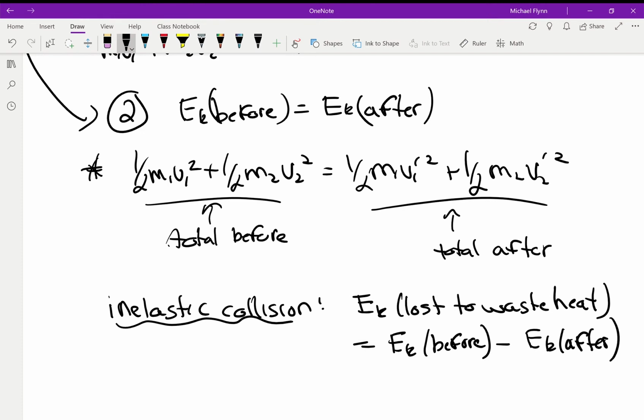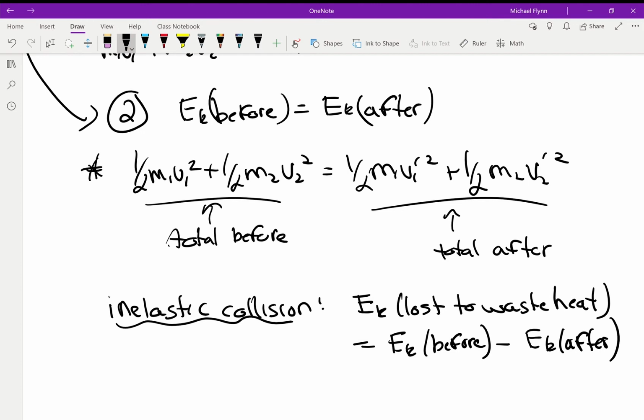Okay, so in other words, there's some energy. Let's say you had 100 joules of kinetic energy in the system before the two objects collided, and let's say you have 65 joules after. Well, that means you lost 35 joules to waste heat, and normally you lose something.